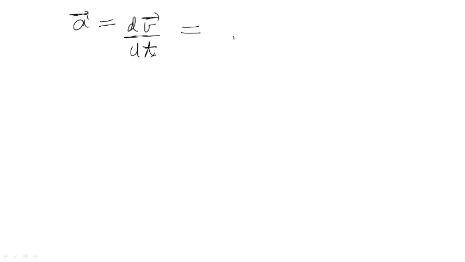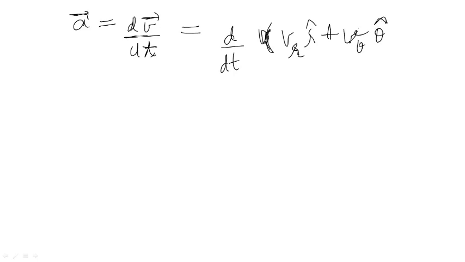You can write this expression like d over dt of V, where V is the instantaneous velocity, and it is equal to vr unit vector r plus v theta unit vector theta.